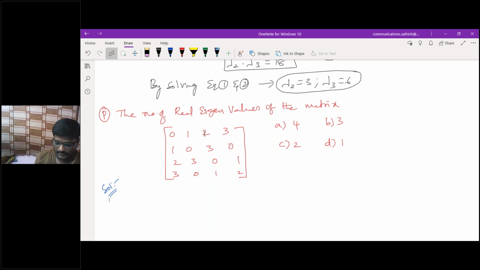Sir, by converting to an upper triangular matrix.